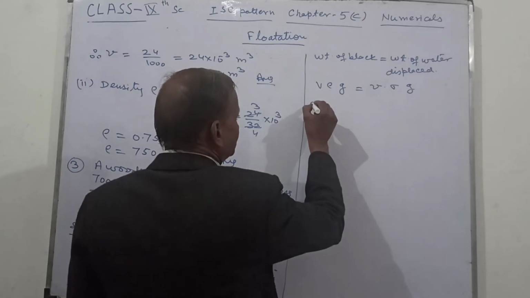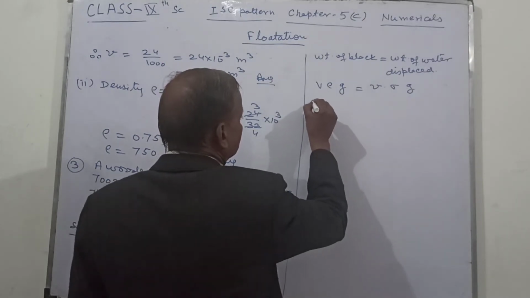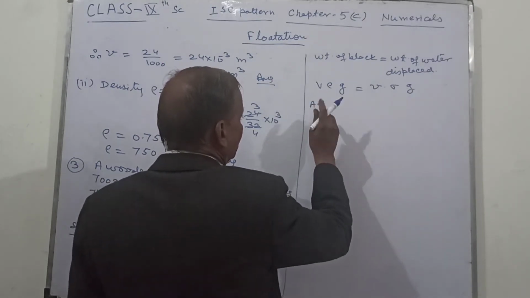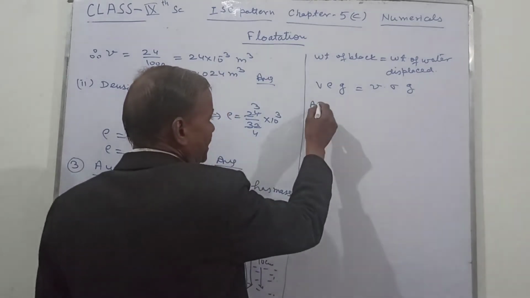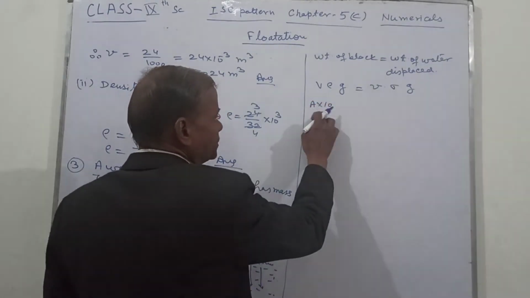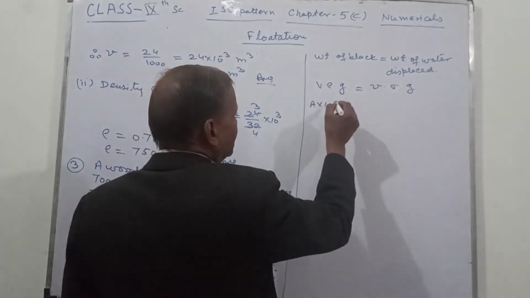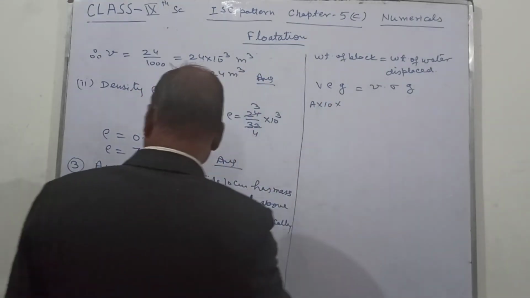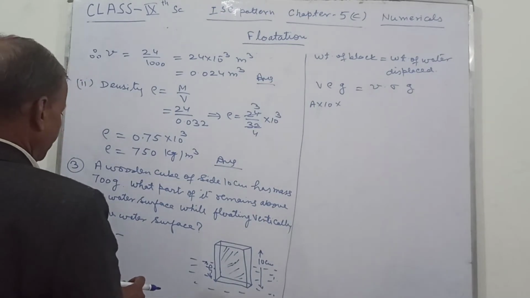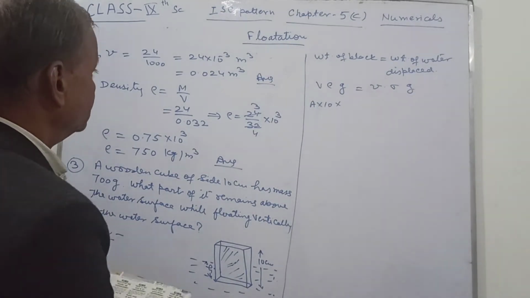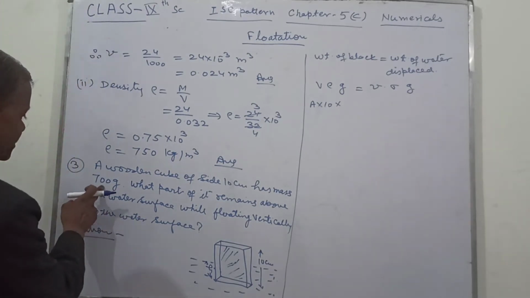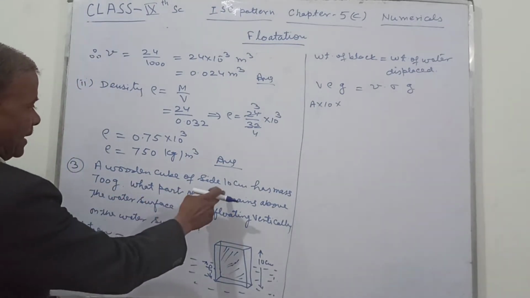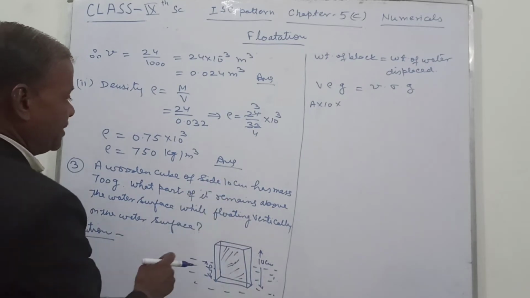This is equal to A into total height, where A is the area of cross section, times the height 10 centimeter, and the density of the block is given.